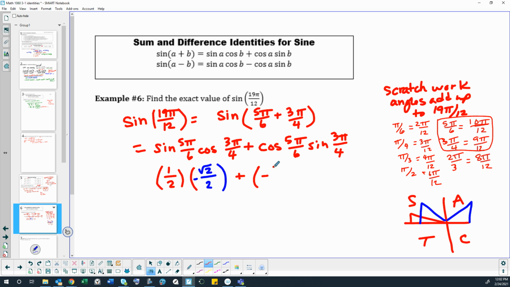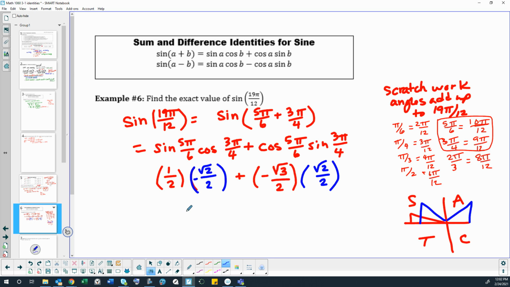So what's that value? Negative square root of 3 over 2, yes? And then the sine of 3 pi fourths, in quadrant 2, sine is positive, so that's just going to be a positive square root of 2 over 2. So this part of the problem just comes from the stuff we learned in chapter 1 with finding the ratios of those special angles all the way around our circle and knowing whether they're positive or negative and so on.